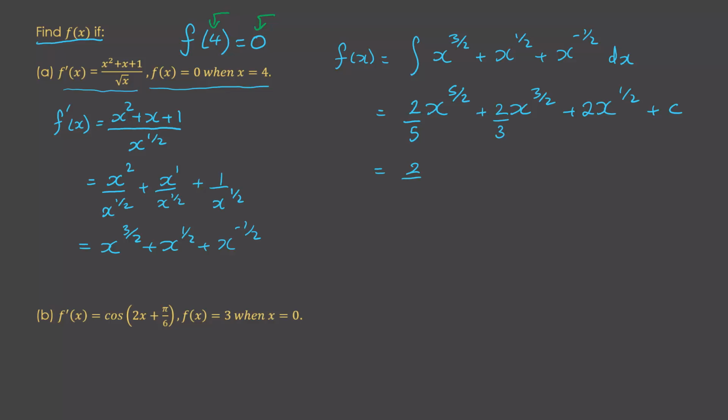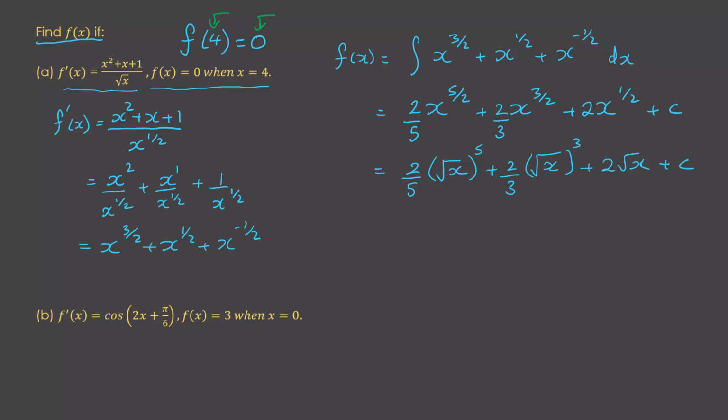Now there's various ways you can deal with these powers. What I'm going to do is say that this one is the square root of x to the power 5. This one is the square root of x to the power 3. This one is just the square root of x, plus a constant.